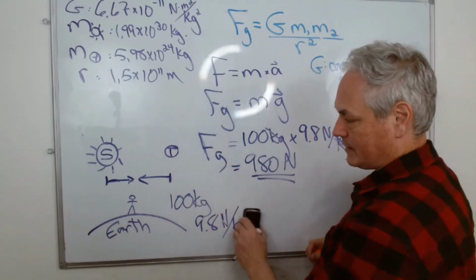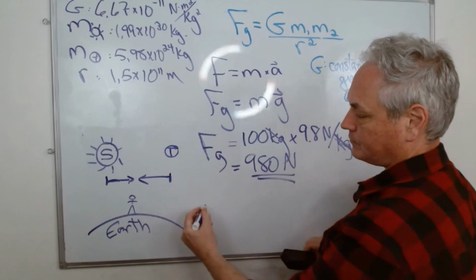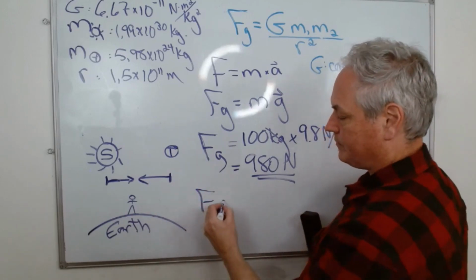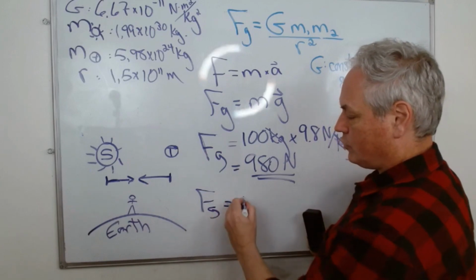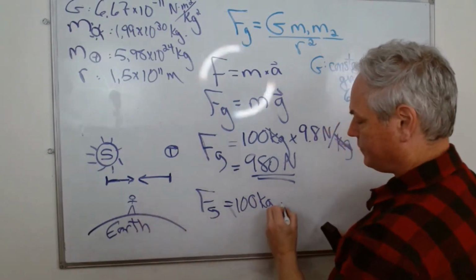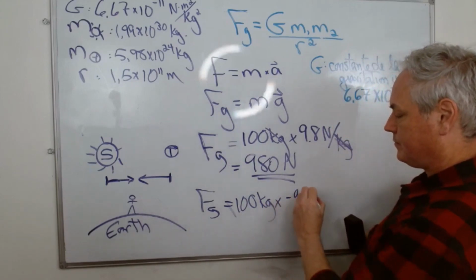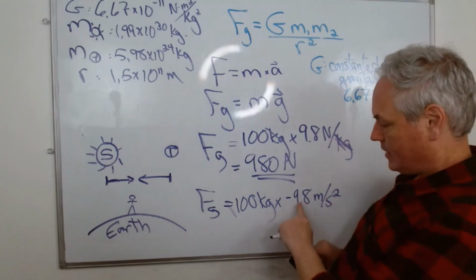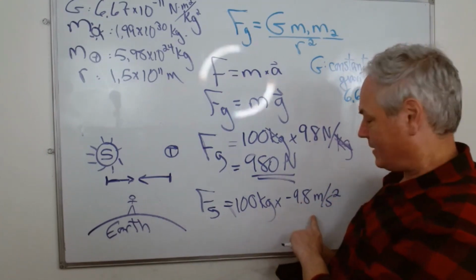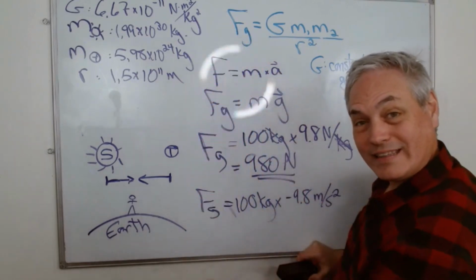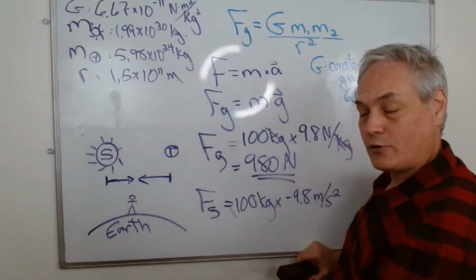We can also say the force on the object equals 100 kilograms, because we have the human here, times negative 9.8 meters per second squared. The negative means that the object is accelerated downwards towards the center of the Earth.